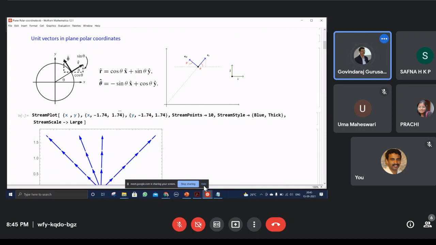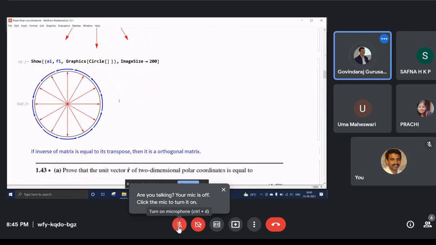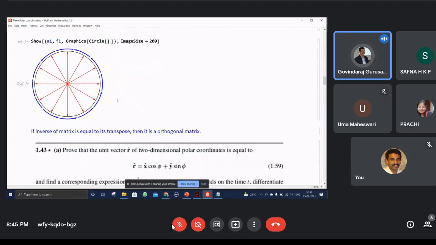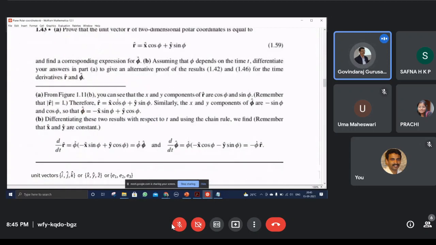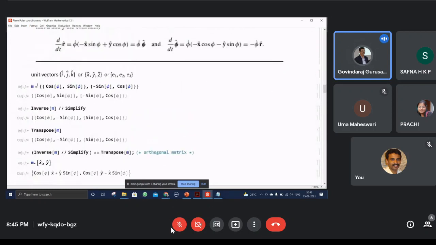This is independent of time, whereas these fellows, when the position vector moves, they are varying. Therefore, you have to take into consideration the time dependence of the r cap and the theta cap. So with this, we try to look at things and see what are the things that's possible for us to understand.